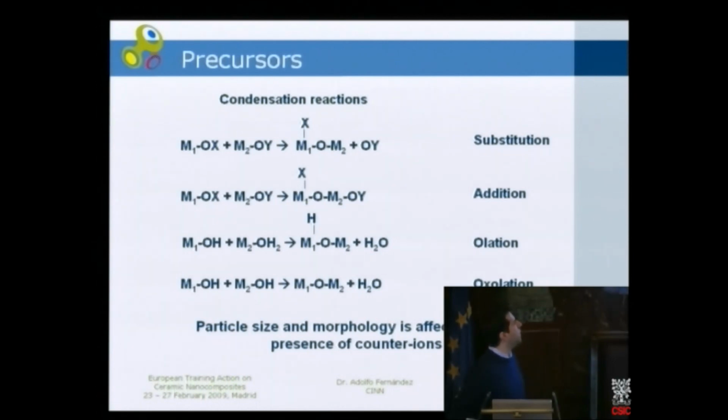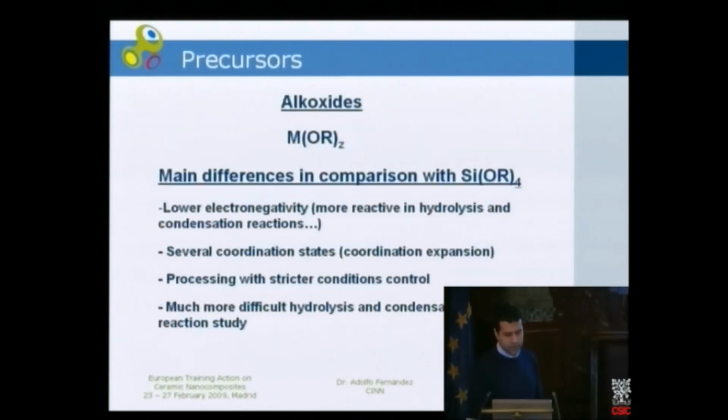Depending on the nature of the ligand involved in this reaction, we can divide it into olation or oxolation, depending on whether it establishes a direct oxygen union between the two metallic centers. The particle size and the morphology will be affected by the presence of the counter ions from the salts, but to a lower extent.